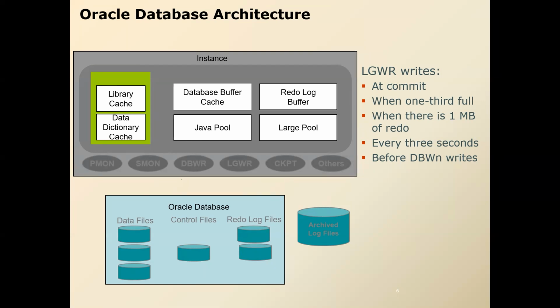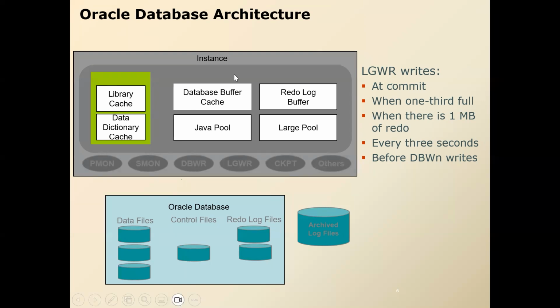That buffer is called a dirty buffer. When you select, the select statement goes to the database buffer cache, but it's not dirty. Any changed data in the buffer makes the buffer dirty. So a dirty buffer refers to a buffer with changed data.